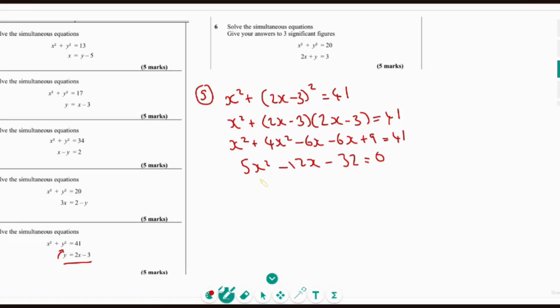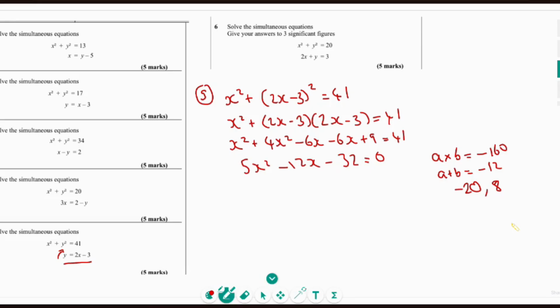Can't divide through by anything, so let's split down the middle. This is 8 and 20. Positive and a negative. 20 and negative 8. Nope. Negative 20 and 8, because negative 20 plus 8 gives you negative 12.